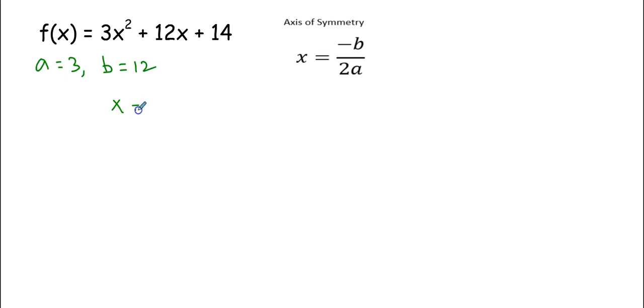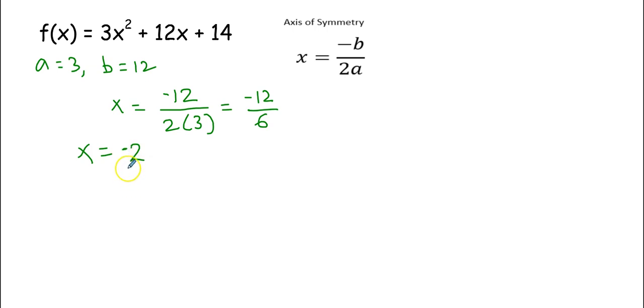So x is equal to negative 12 over 2 times 3, negative 12 over 6, which gives x equal to negative 2.